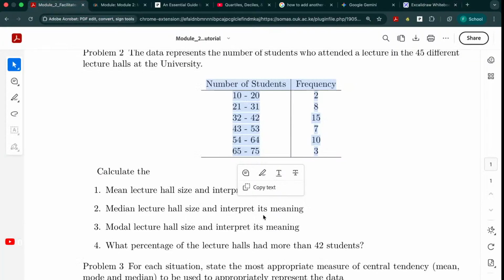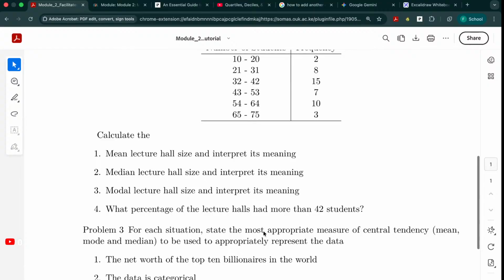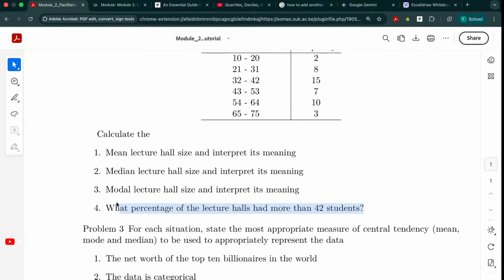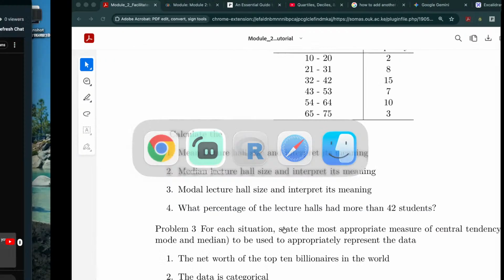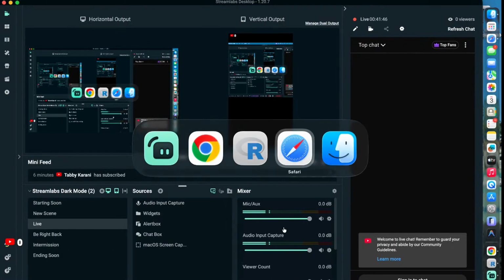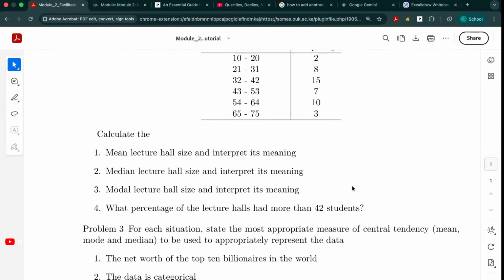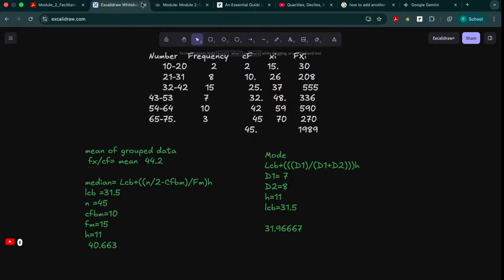Then this one is easy. What is the percentage? Percentage of what?